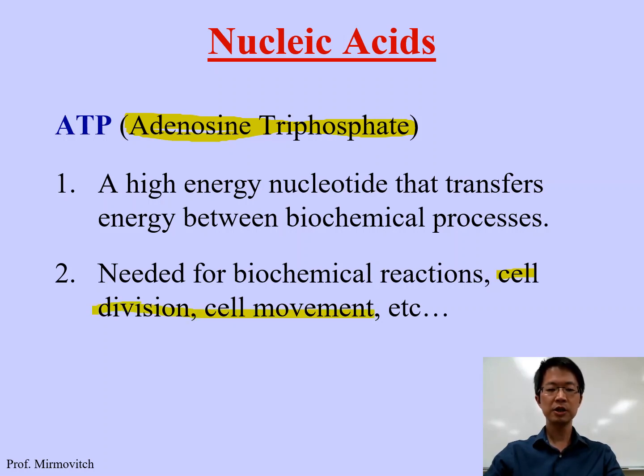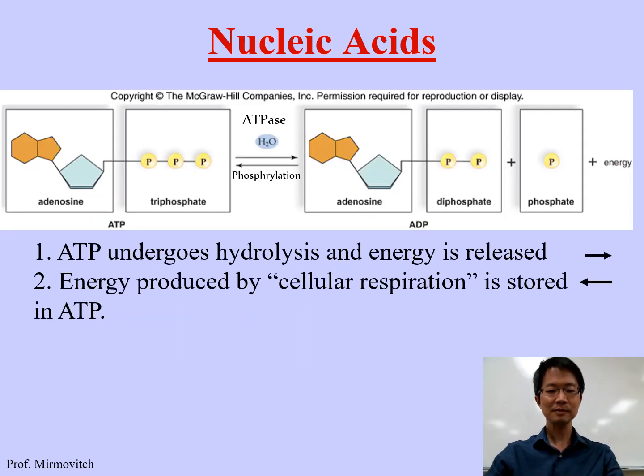Including muscle contraction. Muscle contraction is a very common example for explaining the use of ATP. So we need ATP to contract muscle. In other words, we need ATP to move. And then ATP undergoes something called hydrolysis to release energy in this direction. So basically the top arrow here.